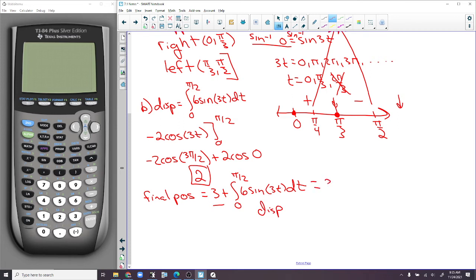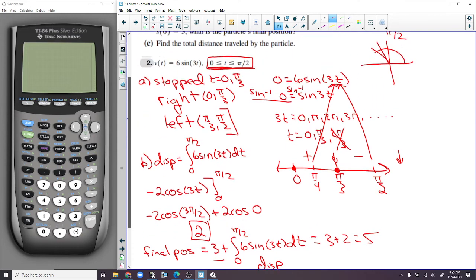But we already did that work. 3 plus 2, 5. So the answer is just 5. We just add the two numbers together. We'd have the initial position, we add the displacement, that's equal to the final position.